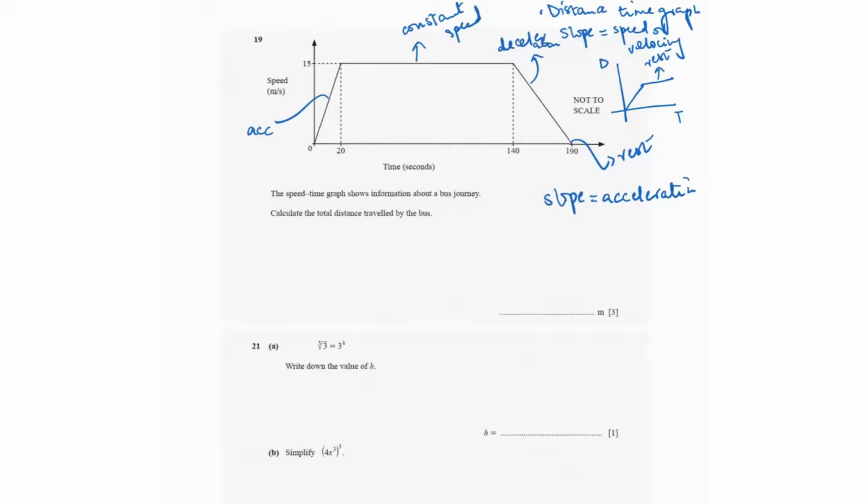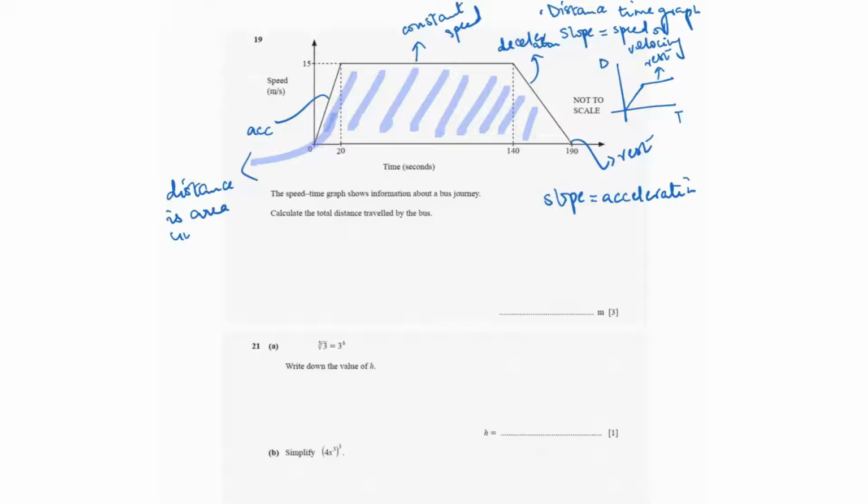So positive slope, acceleration, negative slope, deceleration. Then for a speed time graph, your area under the graph is your distance. So this entire area under the graph is your distance. So distance is area under the graph.